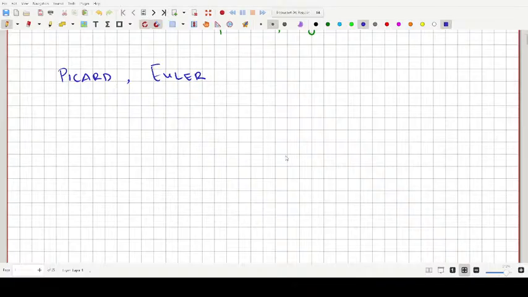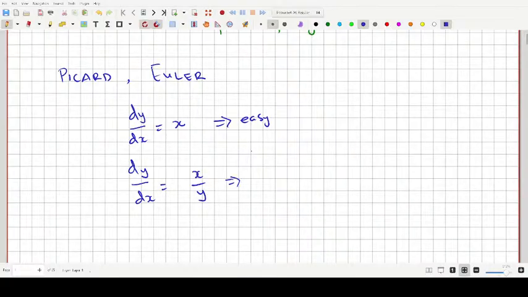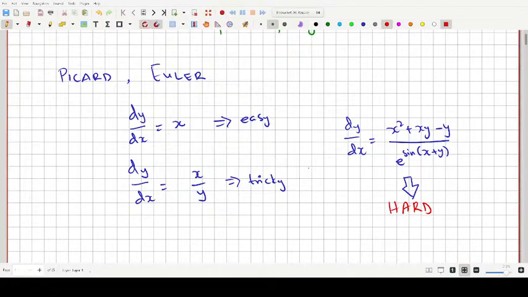Okay. Now, why do we need numerical solutions, right? First of all, let us appreciate the fact that an equation like dy by dx equals x is easy to solve, right? A little tricky, but solvable. But if we have an equation, let's say dy by dx equals x square plus xy minus y, using analytic methods it is hard to solve.